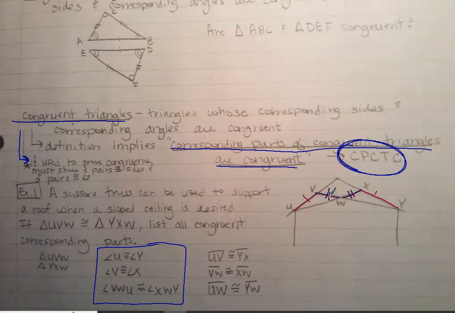And the last one, we're going to do U and W, and then Y and W. So UW has to be congruent to YW. I'll mark those with 3 marks to show that those are congruent. So these are the 3 pairs of congruent segments or congruent sides. And that's what we have to list, just like it says.